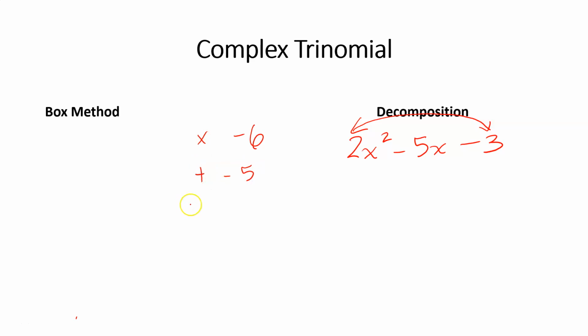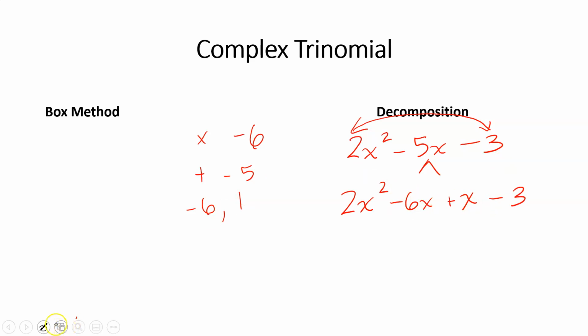And we already decided that those two numbers were -6 and +1. So we can also decompose or break up the center term to be -6x and positive x. Sorry. So -6 and +1 minus 3.